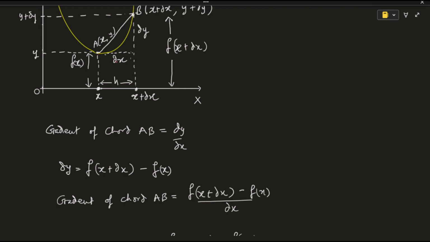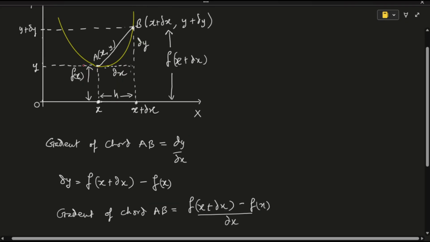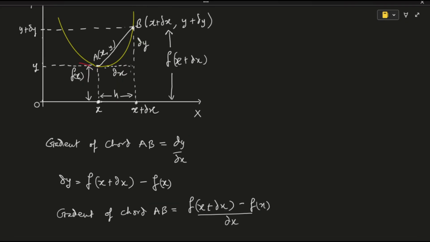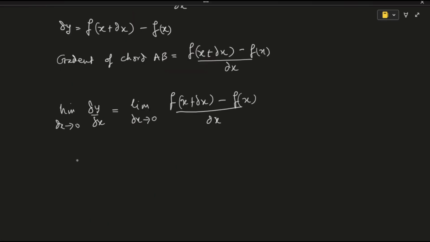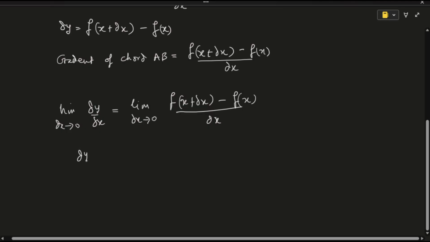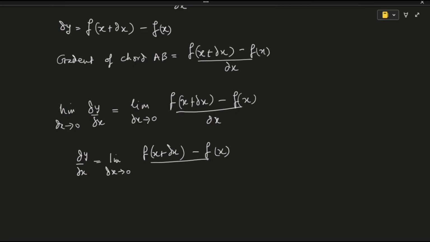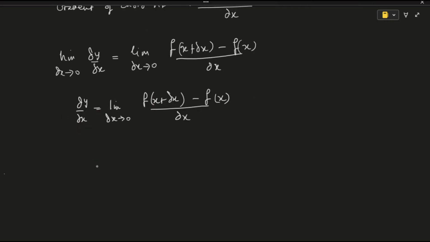So it means that as the small increment dx reduces in value and approaches 0, the gradient of the chord approaches the gradient of the tangent to the curve at the point A. And so in other words, the gradient of the curve at the point A is defined by the limit, and in the functional notation can be expressed as that.